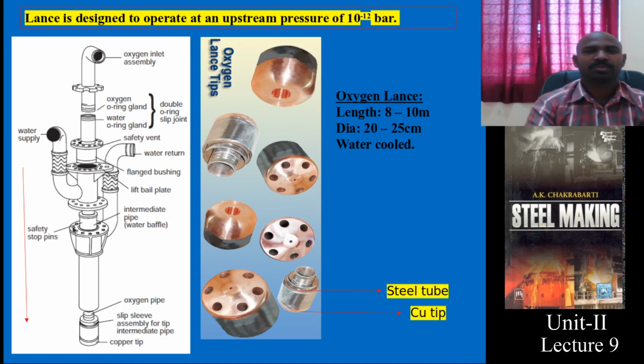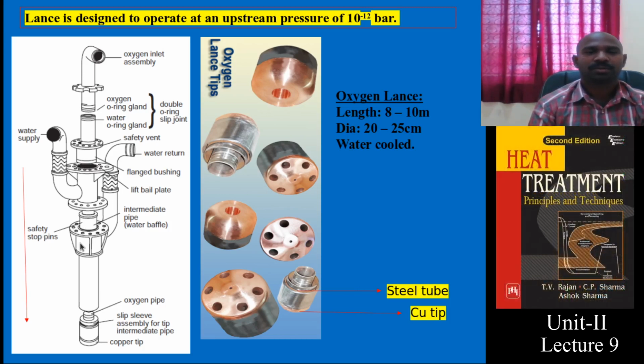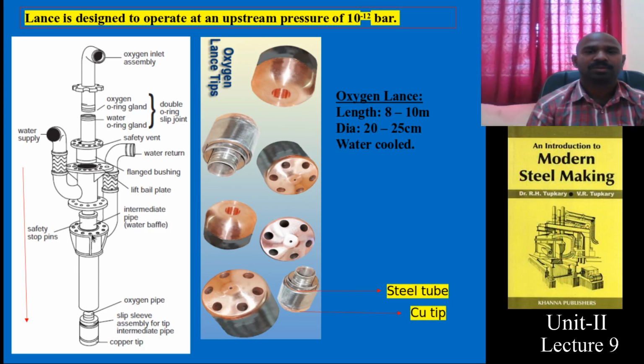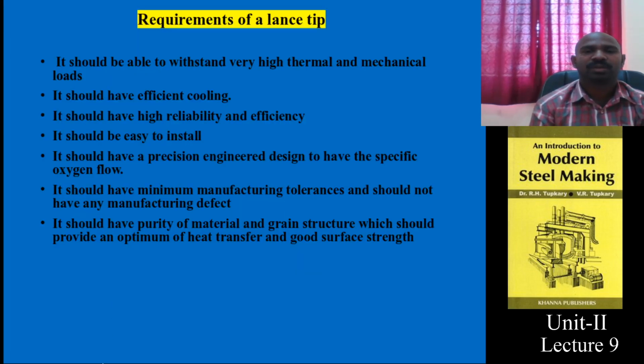And there should not be any leaks. That's why there are safety pins. If such a situation occurs, with the safety pins it will come out, so there will not be damage to the oxygen lance tube. This is one more advantage.